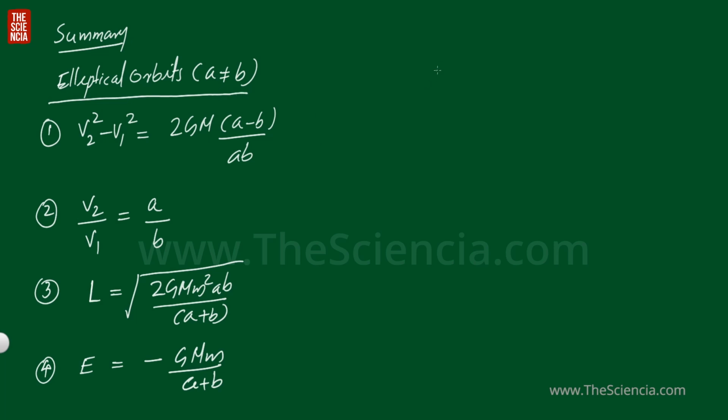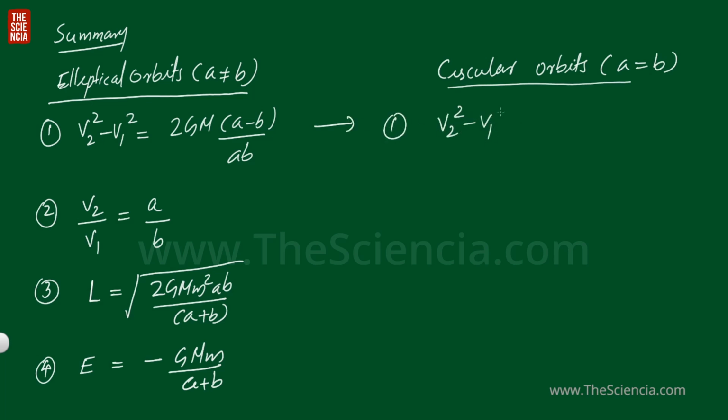Then what will be the corresponding equations for circular orbits? And for circular orbits, we know a is equal to b. Then what will be the first equation? That is, v2 square minus v1 square will be equal to 0, because a and b are same, right?